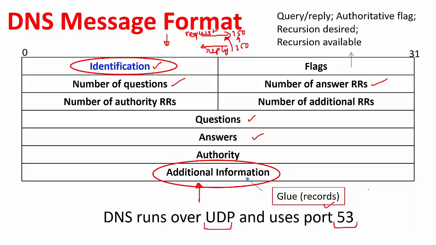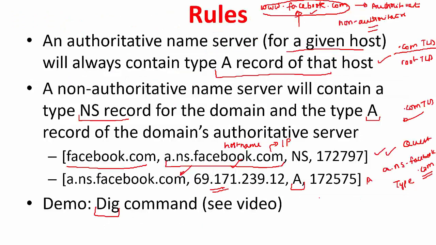Like in the example that I covered earlier, when you contact the .com top level domain server, it is basically telling that this is the name server of a.ns.facebook.com. That is the answer to your query, because it doesn't know what the IP address is.